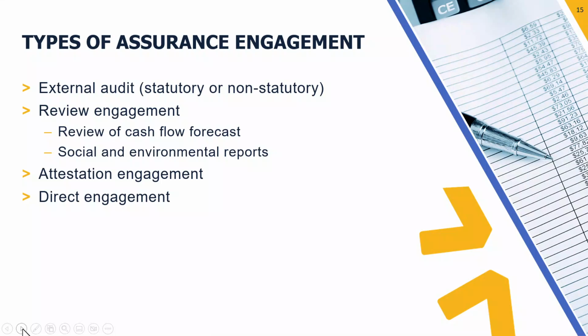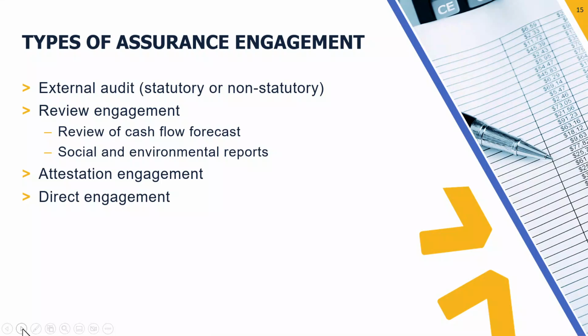So management of the company would most likely compare the company's performance against the targets that had been set. And the practitioner, our expert, would come in to give a conclusion as to whether the measurement of those targets and evaluation of those targets has been done in a way that's free from material misstatement.